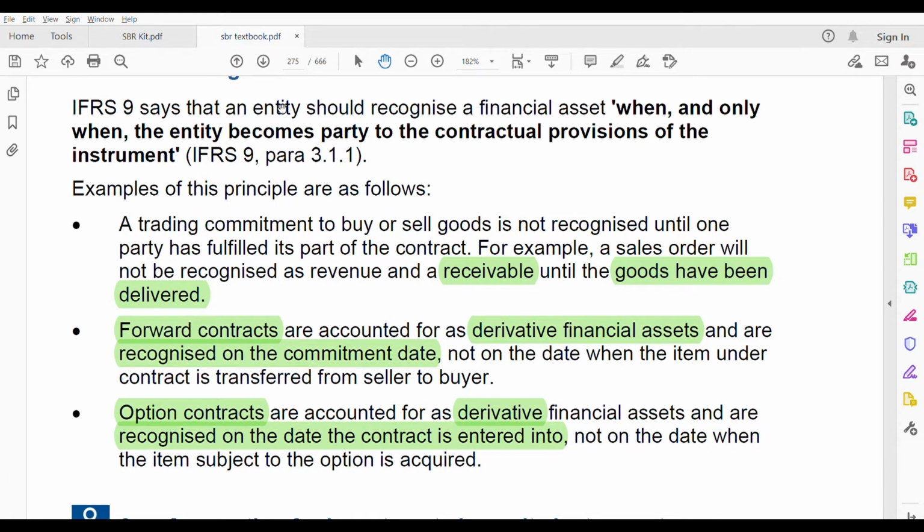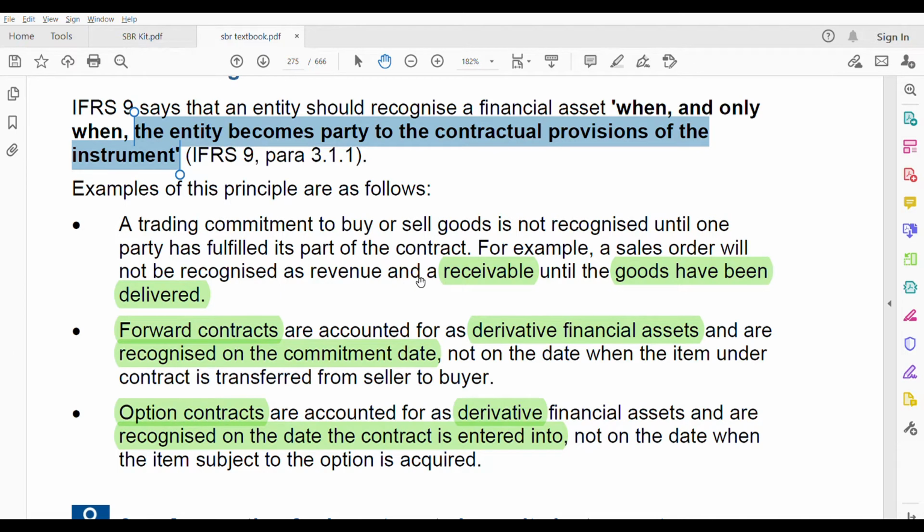IFRS 9 says that an entity should recognize a financial asset when and only when the entity becomes party to the contractual provisions of the instrument. So under all these three conditions, the day when they become a party to the contractual provisions, that means they have a contractual right, they are contractually obliged to pay or receive in the contract, then only they can recognize a financial asset.